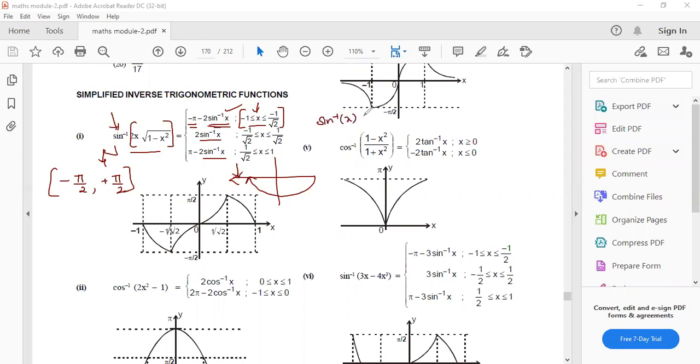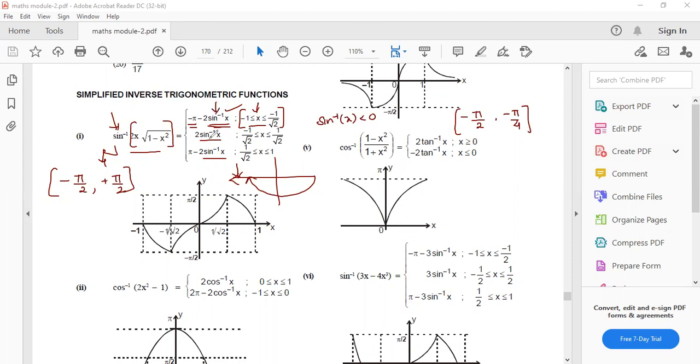Yes or no? If x is negative, it's obvious that sine inverse x will be negative, or rather it would be lying between minus pi by 2 to 0. Or rather, I would say minus pi by 2 to minus pi by 4. Will the angle lie between minus pi by 2 to minus pi by 4? Please tell me, all of you.